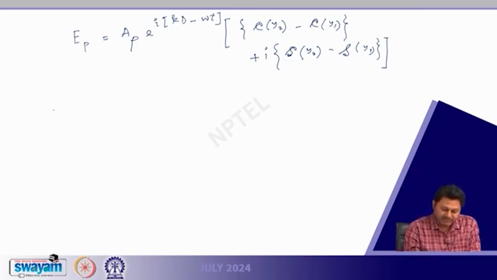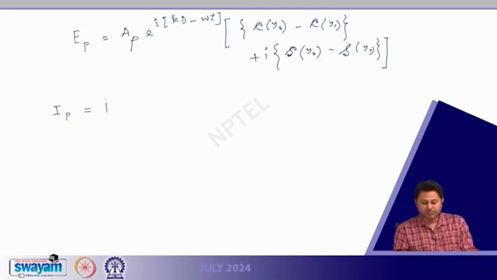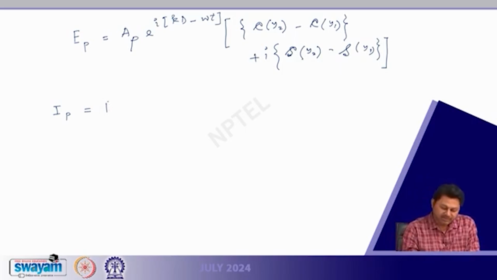the intensity at point P, IP, will be proportional to mod of EP square, then I can write IP is I0.